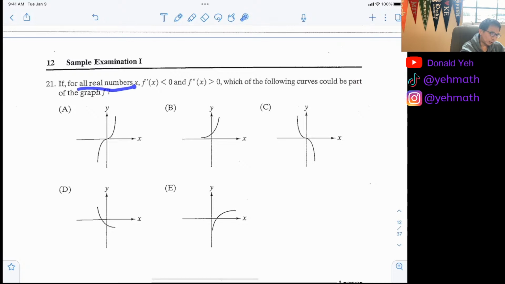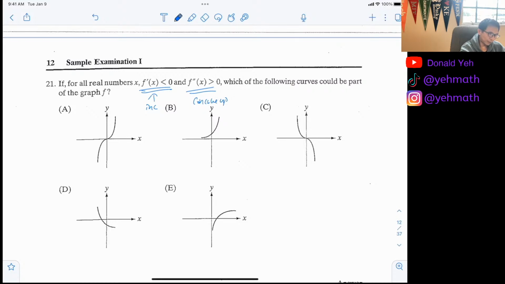So all real numbers doesn't help me. This one helps me. So I'm going to say the function f of x has to be increasing. What is f double prime of x greater than 0? That's concave up. So which one is concave up and increasing?